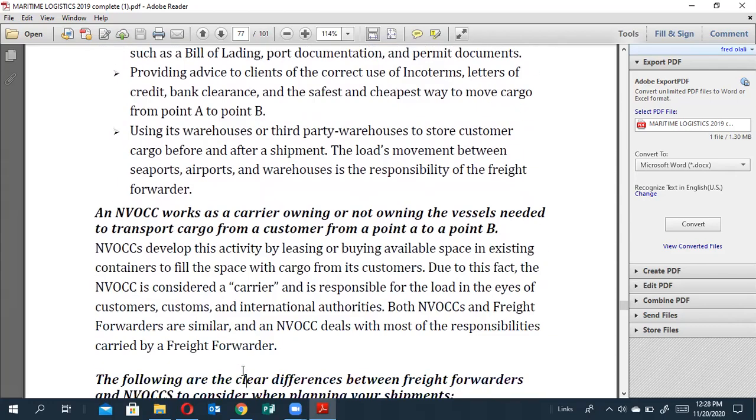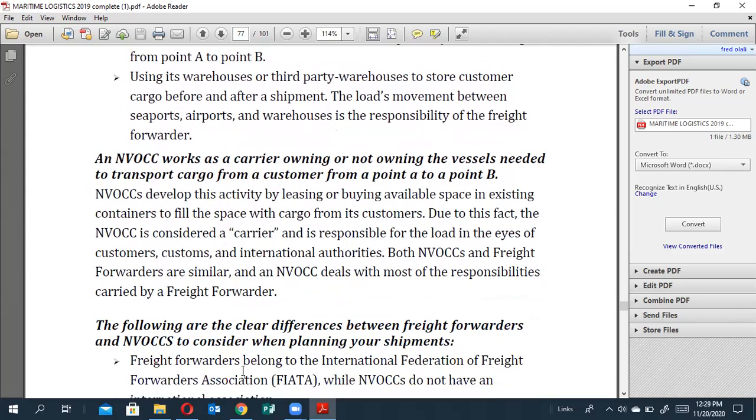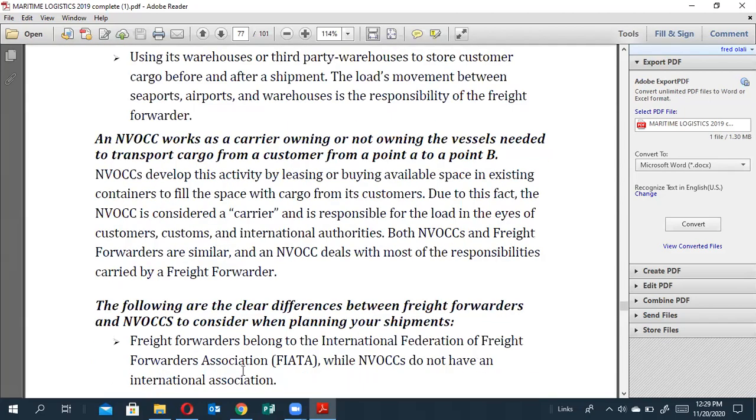Now, an NVOCC works as a carrier, owning or not owning the vessel needed to transport a cargo from a customer from point A to point B. They develop this activity by leasing or buying available space in existing containers to fill the space with cargoes from their customers.